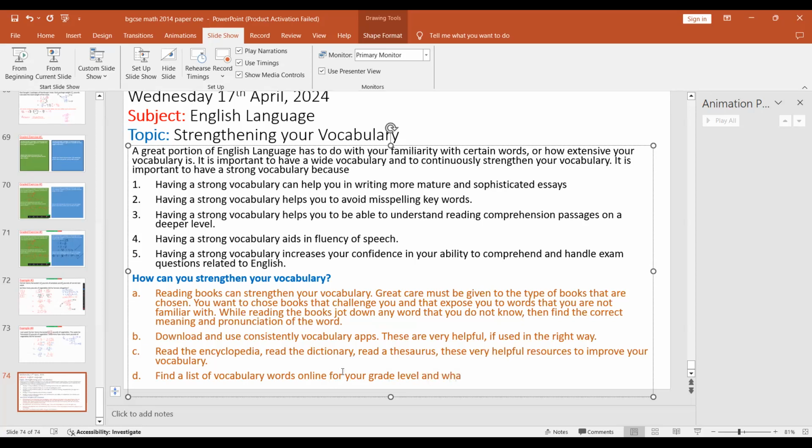And whatever word that you are not familiar with, find the definition and memorize it. Okay.